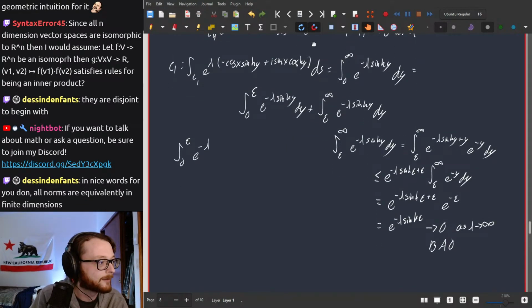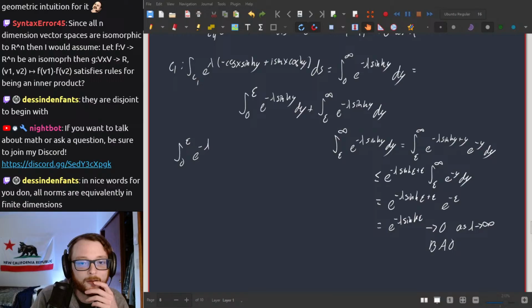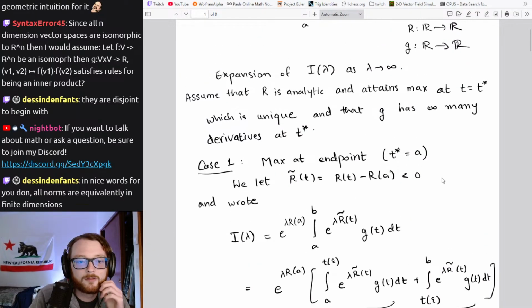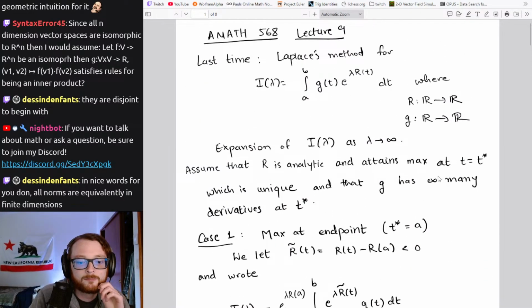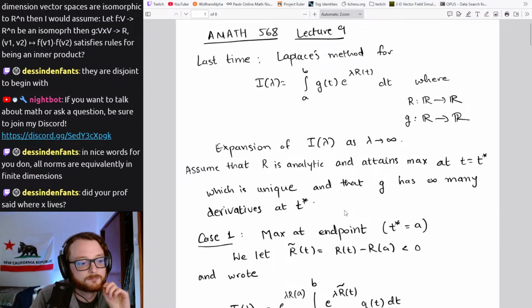Oh, right. I need to remember how Laplace's method works. My professor say where x lives. I guess a real number.